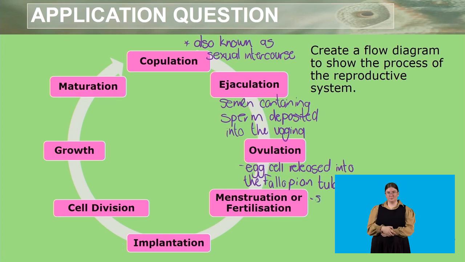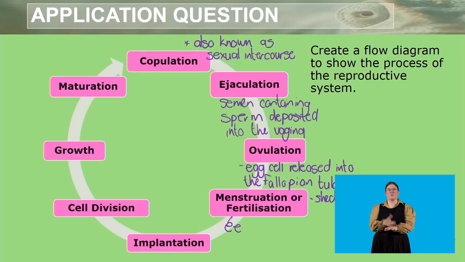So menstruation, we know it is a shedding of the uterus lining. And I think that's why if you listen to some girls, you will hear them talk about how they are experiencing period pains.